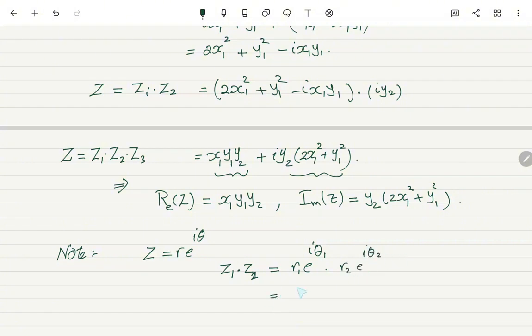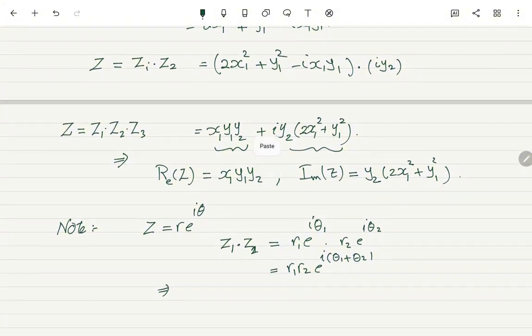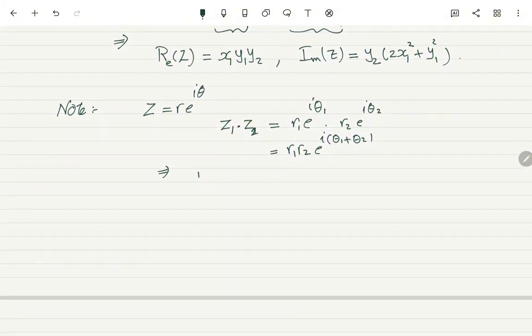In other words, it's equal to r1 r2 e to the i (theta 1 plus theta 2). Therefore, the magnitude of z1 times z2 equals the magnitude of z1 times the magnitude of z2, which is equal to r1 r2.